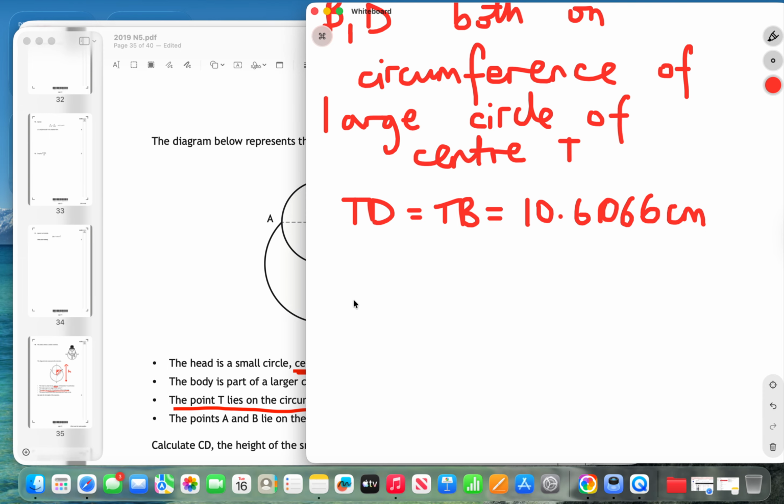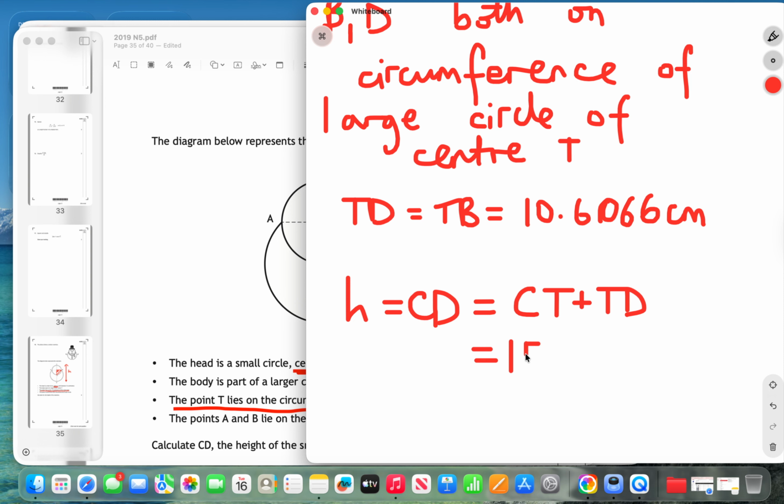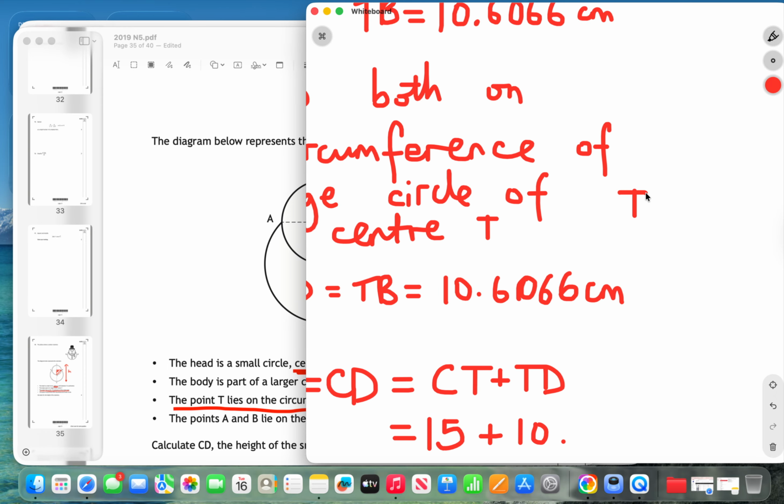And the last step is to notice that the height CD is CT plus TD, as we said, so height equals CD equals CT plus TD. And CT is the diameter of the small circle, so 15, and TD is 10.6066.